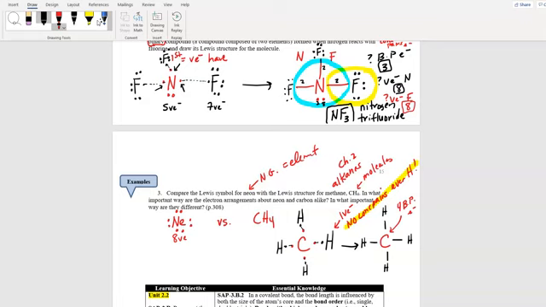So what do they have in common? Well, number 1, neon has 8 valence electrons surrounding him, but carbon does too. They want you to compare neon and carbon.